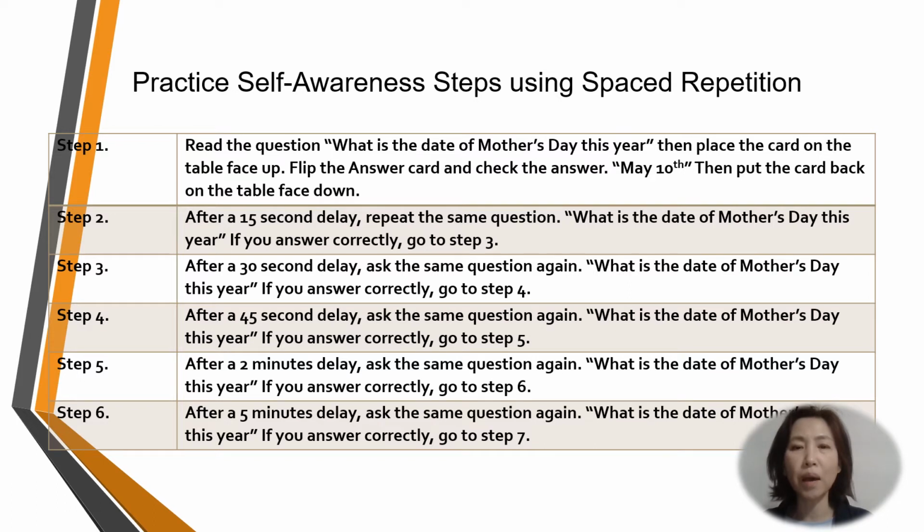Between each step, I'm going to increase the time. The purpose of this game is to practice self-awareness by giving your brain a chance to recall information progressively over a longer period.